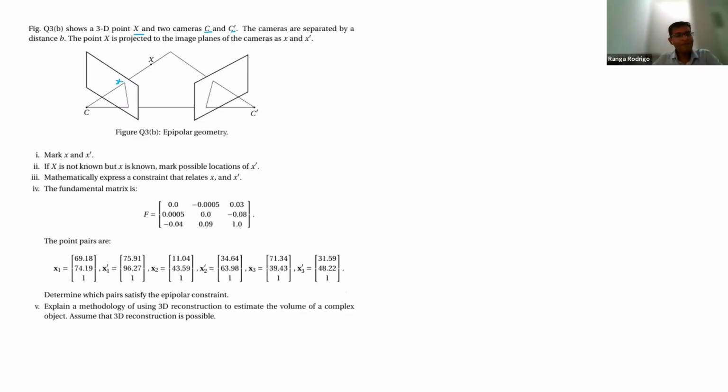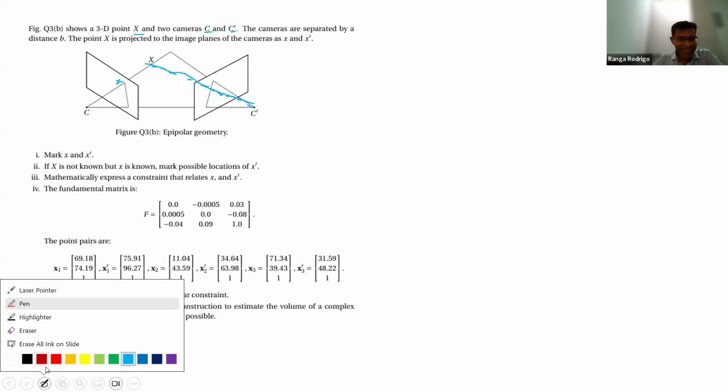Where is x prime? I have to project a ray from X to the next camera, C prime. So cast a ray like that. Please assume that this is a straight line. I could not draw that as a straight line. Let me try again.